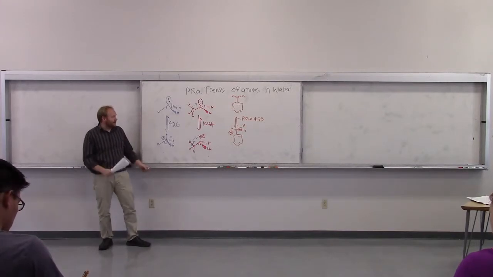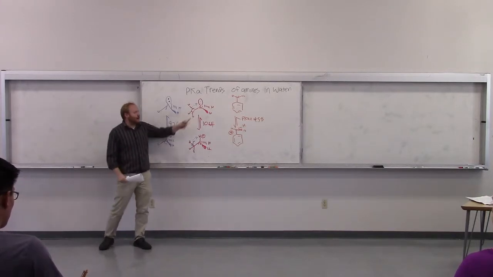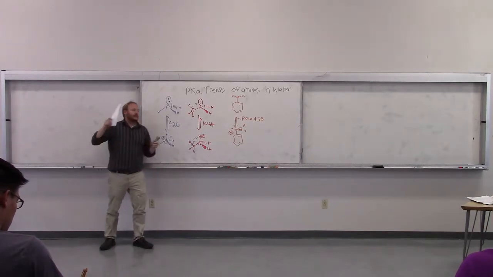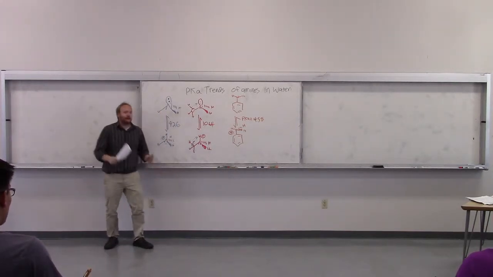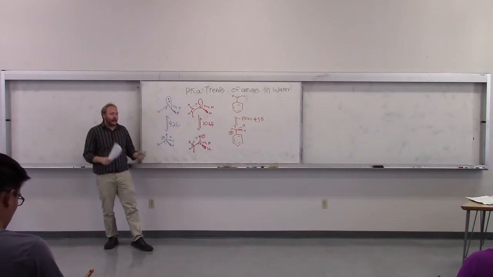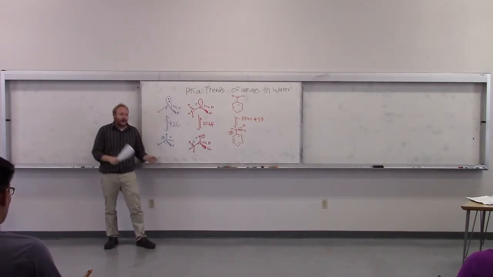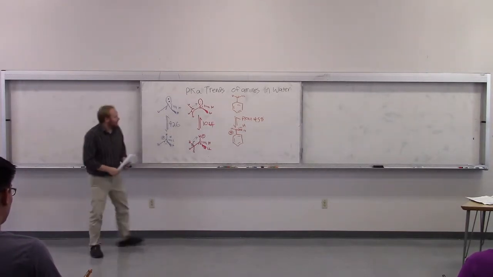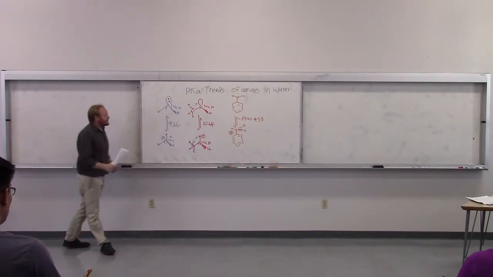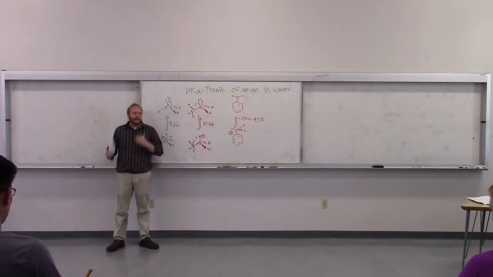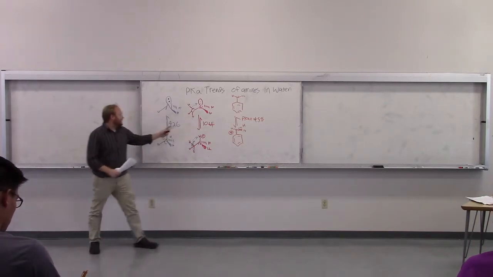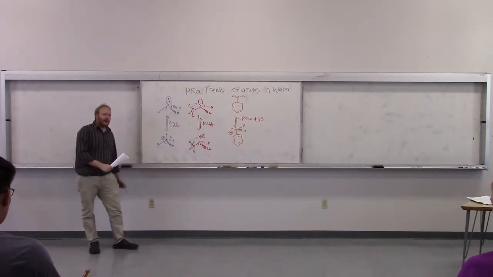What that means is, the more substitution you have on your amine, the more basic the amine will be, because of course a higher pKa means you're more basic. And we discussed why primary and secondary amines are more basic than ammonia itself.